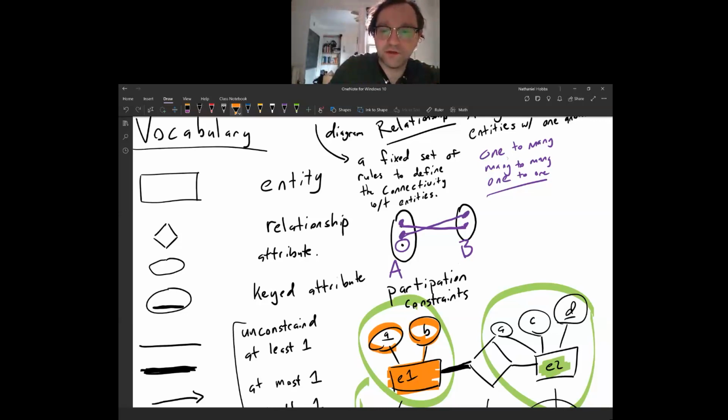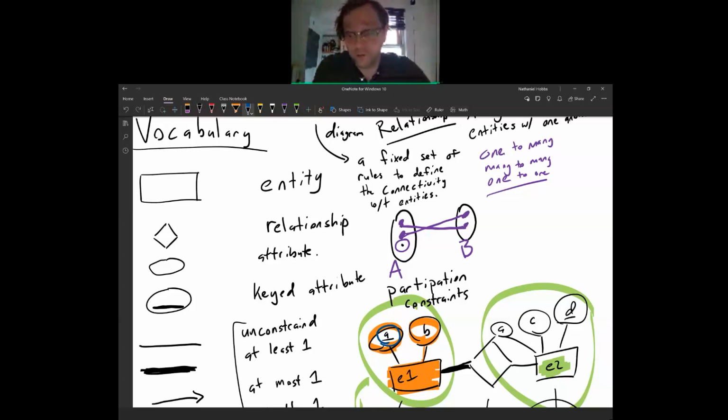Some ovals have an extra property where one of them is underlined. That makes it a key for that entity. A key means that it's a unique identifier for that entity.